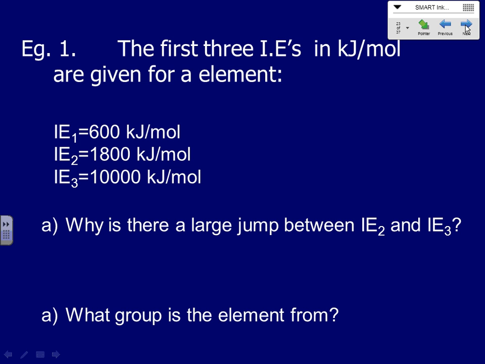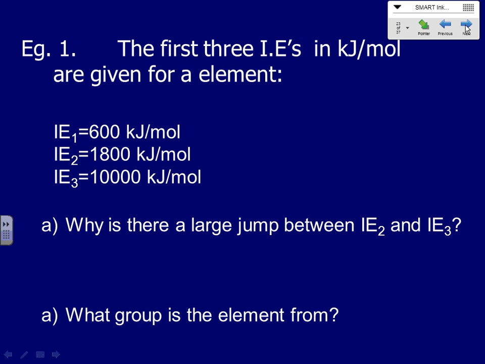Excellent. Which of our groups is this element in, if it had ionization energy like that? Noble gas? Nope. Noble gases are not going to give up electrons very easily at all because they already have a full outer shell. Which group?